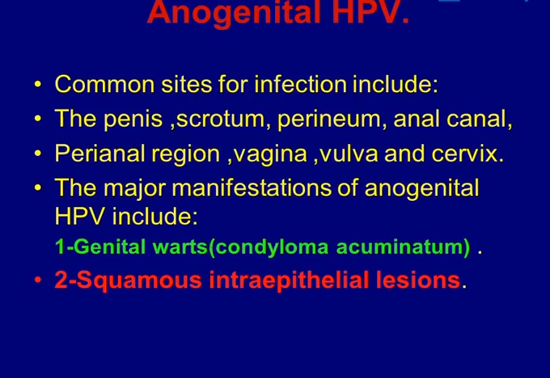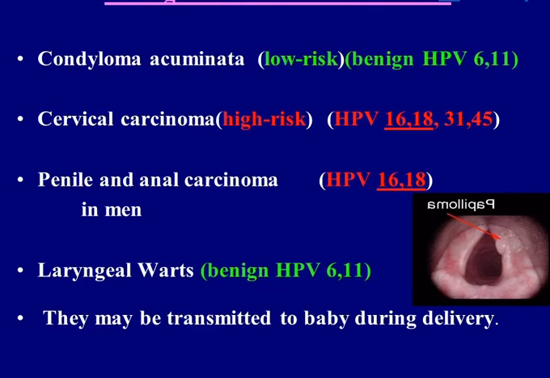The major manifestations of anogenital HPV include: 1. Genital warts, condyloma acuminatum. 2. Squamous intraepithelial lesions, anogenital or mucosal lesions. Condyloma acuminata: low risk, benign, HPV 6, 11. Cervical carcinoma: high risk, HPV 16, 18, 31, 45.